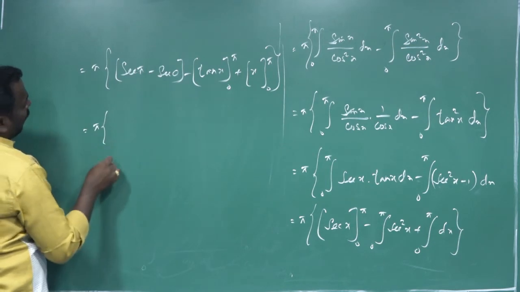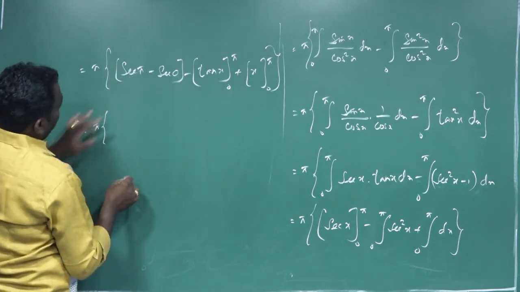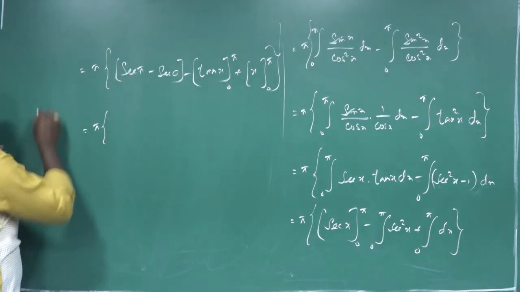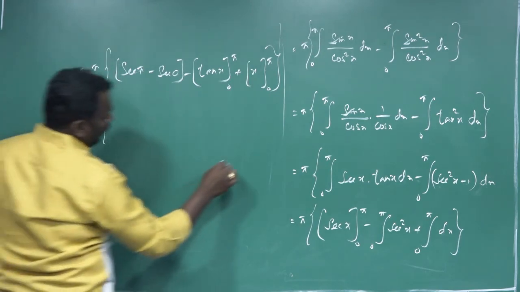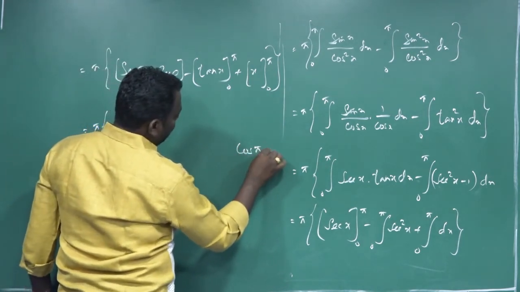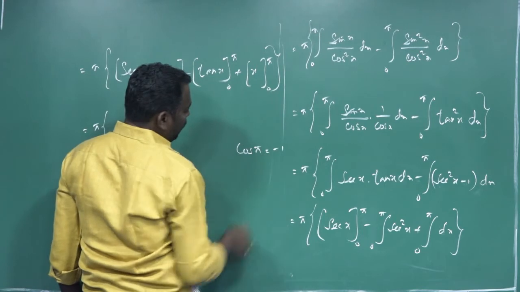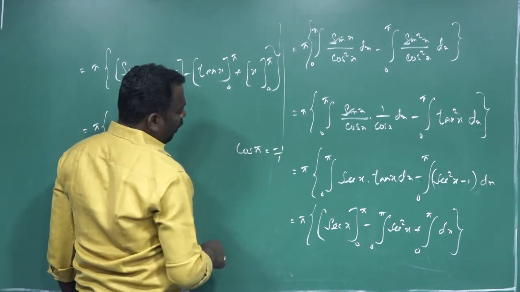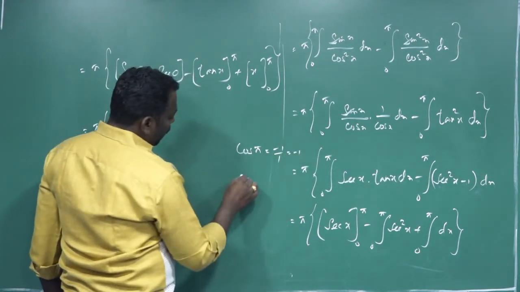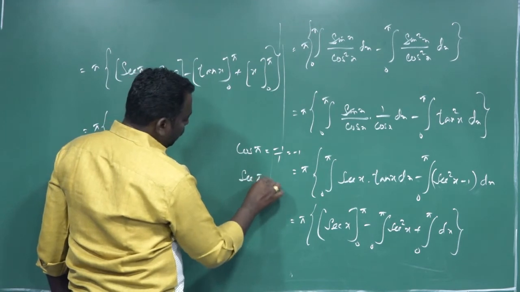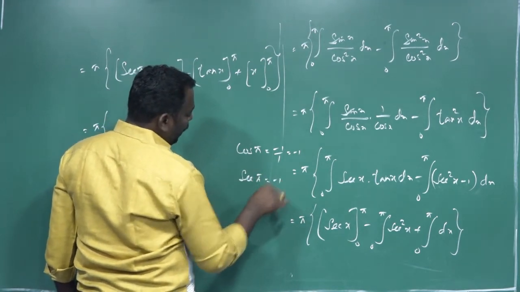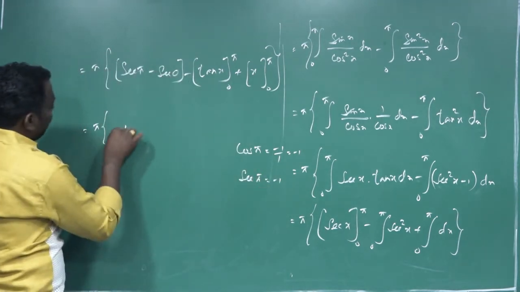Now that is equal to pi within the bracket, secant pi. What is it? Cos pi equals minus 1, so secant pi is the reciprocal of minus 1, which equals minus 1 only. Then cos 0 equals 1, and secant 0 is also 1, therefore minus 1.